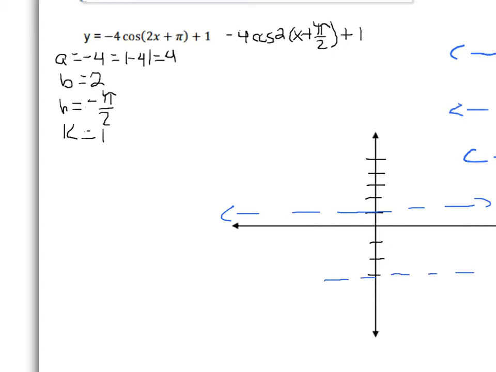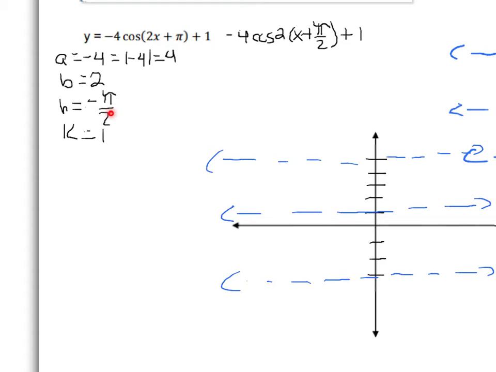So there's your new minimum and your new maximum. Now, cosine normally starts at the maximum, but see how this A was a negative 4? That means it's reflected over the x-axis. So instead of starting at the maximum, if I flip it over, it goes down to the minimum. And then it was shifted left by pi over 2.